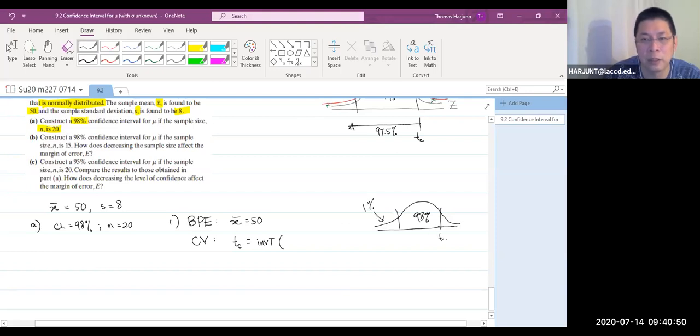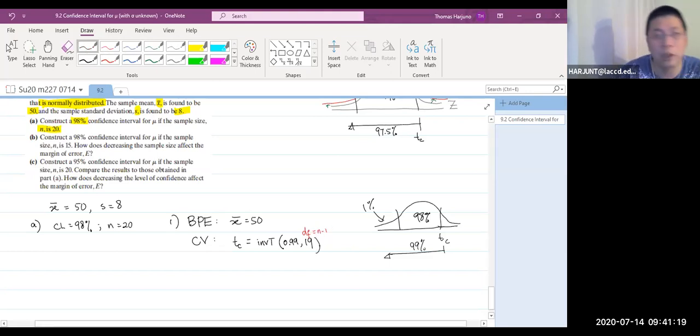So if this is the critical value, then the area to the left will be 99%. So this would be 0.99, comma, degrees of freedom. The degrees of freedom is always one less than the sample size, that's 19. Degrees of freedom is always n minus 1.